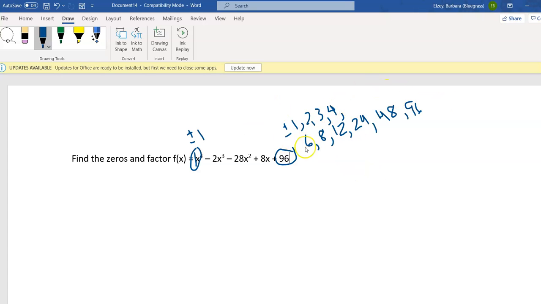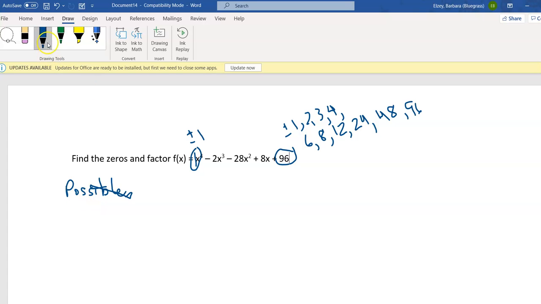So we've got all of these, and we have to take them and put them over these. Well, there's just a 1 there, so when we put all of these over 1, we just get all of these. So our possible zeros to choose from is a pretty long list.